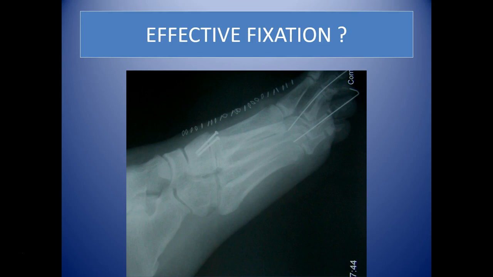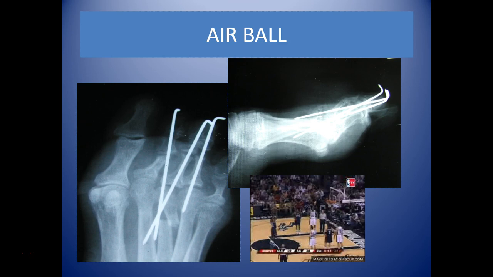So where do you draw that line between causation of the non-union and the fact that this could have occurred under any circumstances?